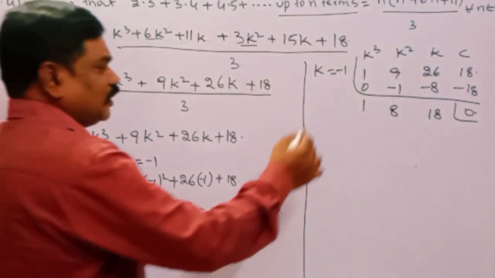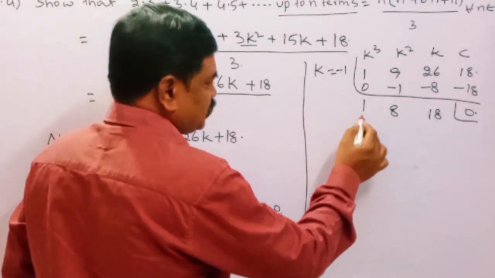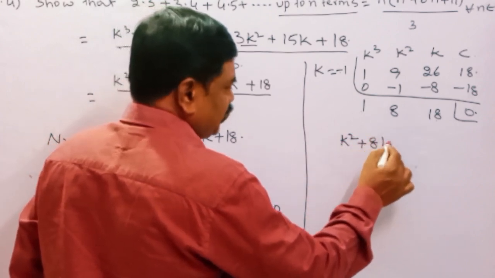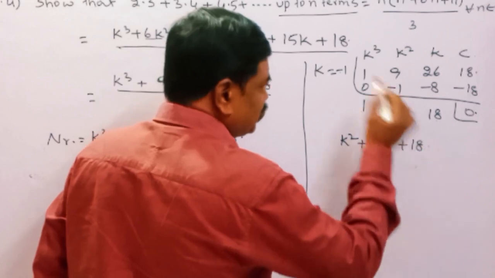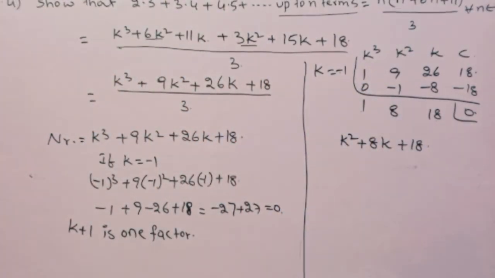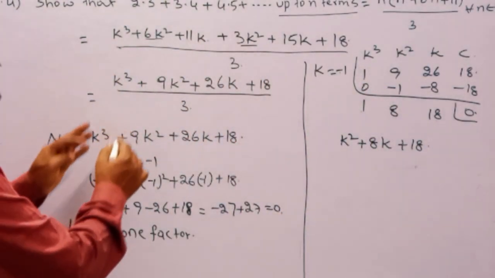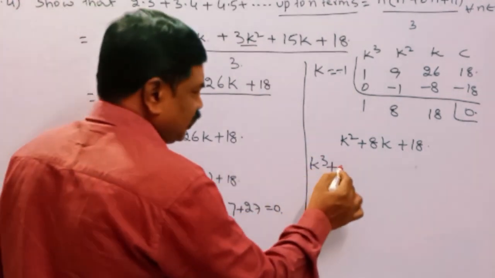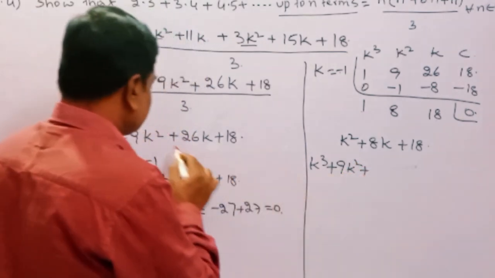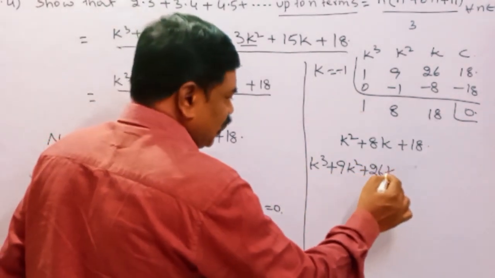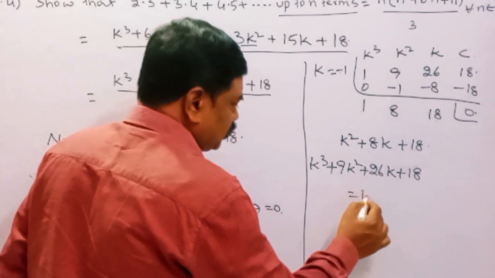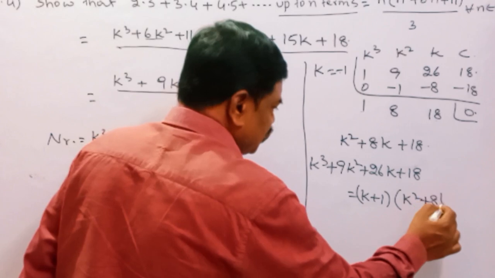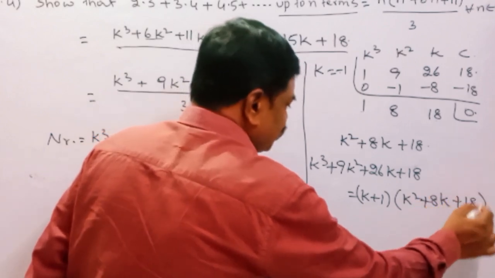Okay, all of you. Then the remaining is k square plus 8k plus 18. So we can write k cube plus 9k square plus 26k plus 18 is equal to k plus 1 into k square plus 8k plus 18.